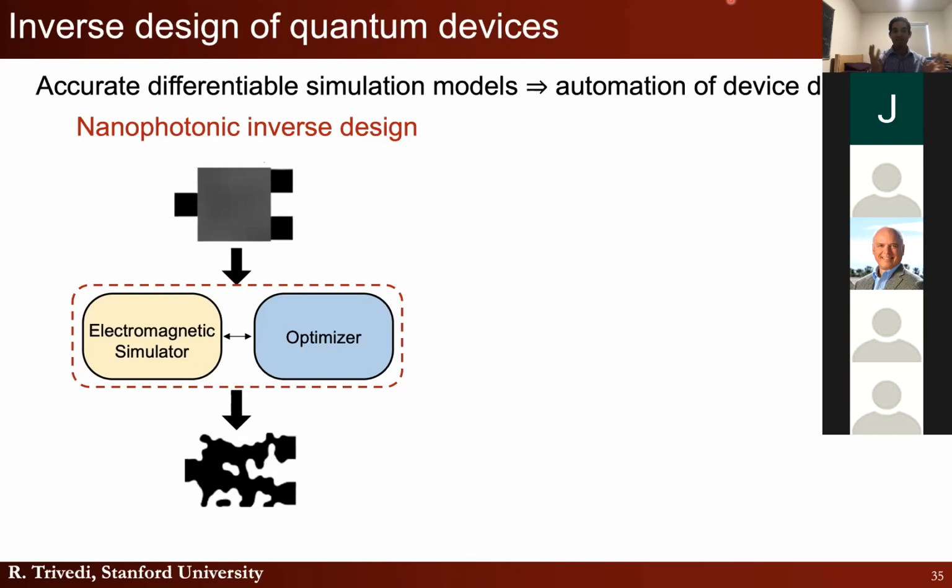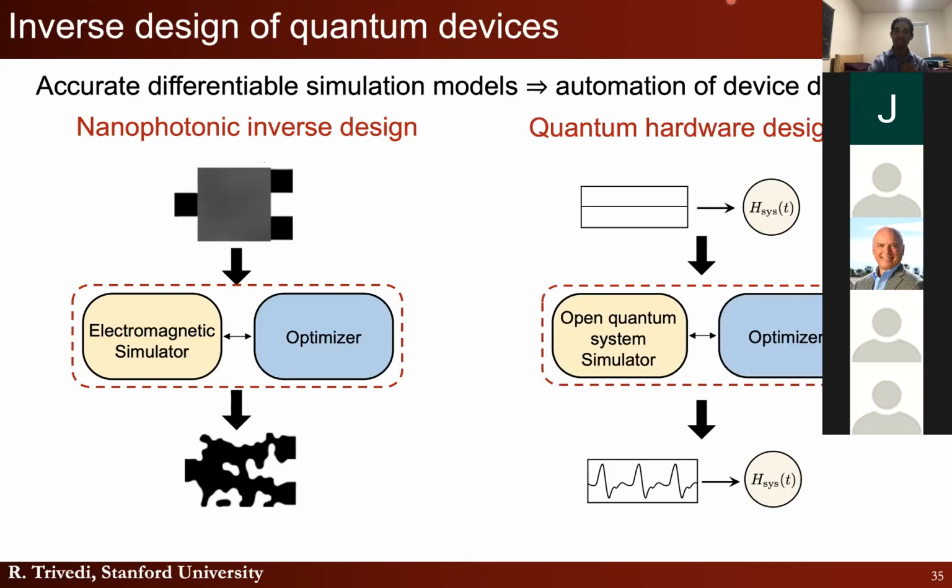And we now have a very similar ingredient, which is a simulation model in the space of quantum devices. So we could think about whether we can improve the efficiencies of these quantum devices by using these automated design techniques.